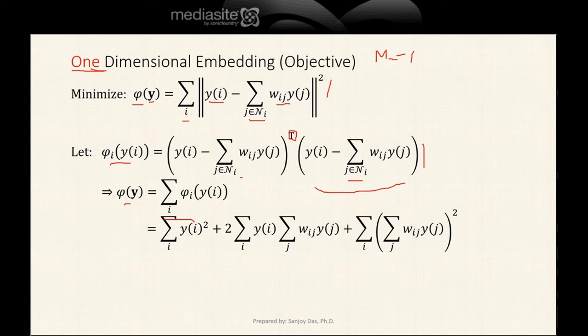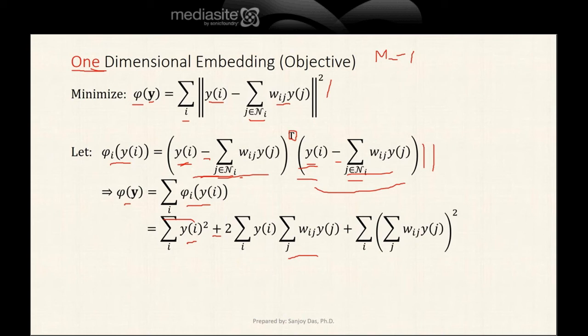We plug in the value of phi of yi using this expression, and if we multiply this with this, we get yi squared, and then yi multiplied by this summation with a negative sign, and again yi multiplied by this summation with a negative sign, gives us negative 2 times summation yi wij yj.